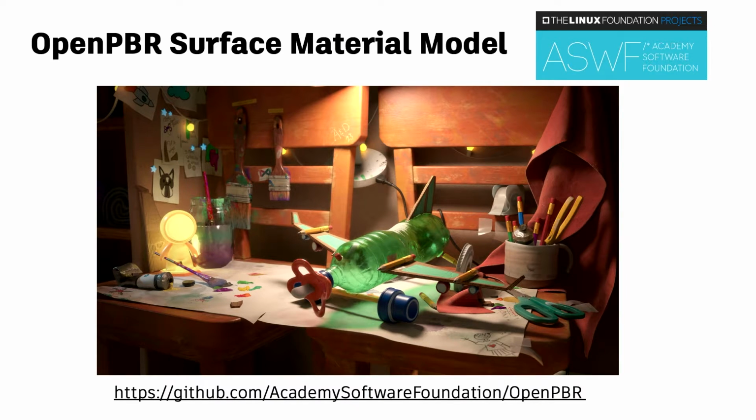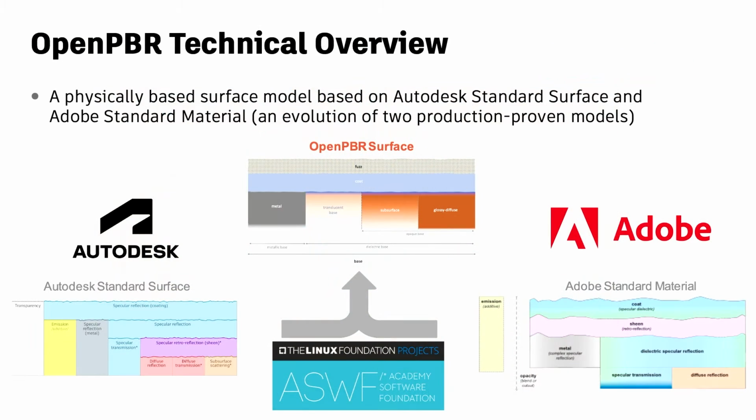Hi, I'll just give a quick update about OpenPBR, the material model that's now public and under the Academy Software Foundation. Basically, this came about with an announcement last year, where Autodesk and Adobe collaborated to combine two material models, the Autodesk Standard Surface and Adobe Standard Material.